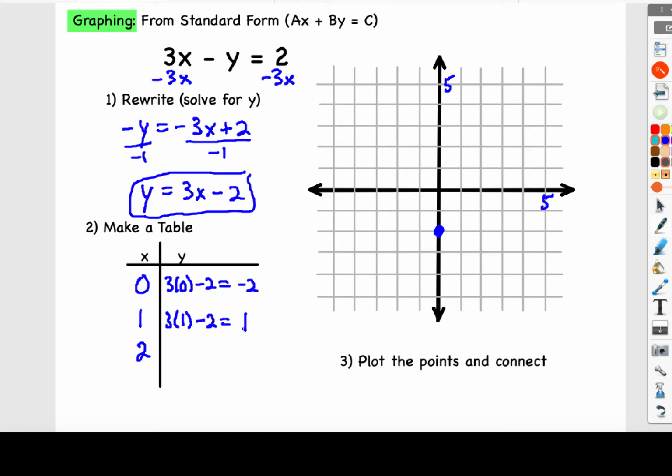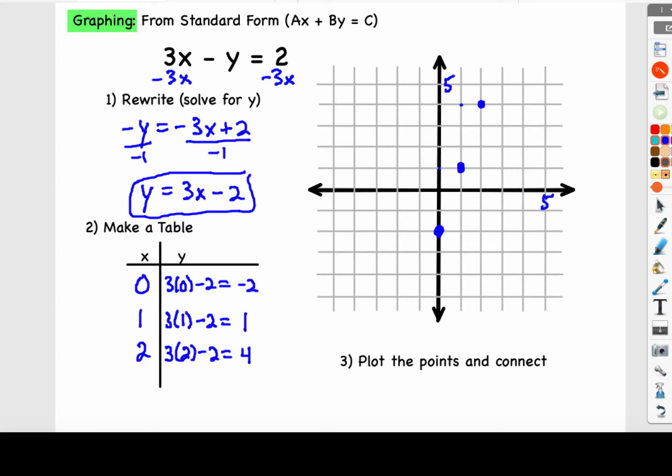So I can plot the point 1, 1. And again, plugging in 2, I'm going to multiply that by 3, right? 3x minus 2. So 6 minus 2 is 4. And I'm going to plot the point 2, 4. Notice how our points, we went up 3 and right 1, up 3 and right 1. We get that nice pattern going on there.